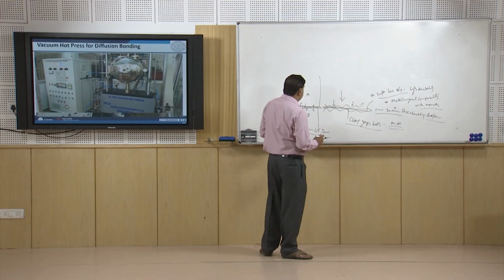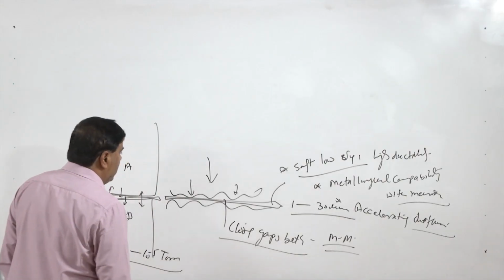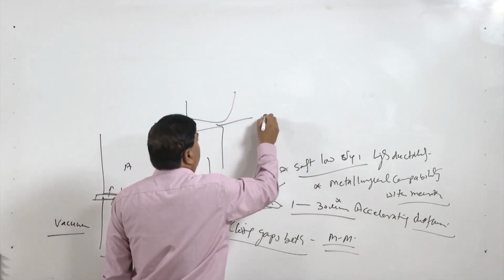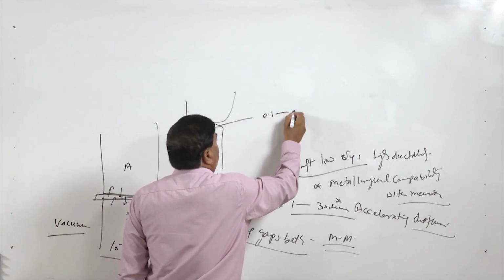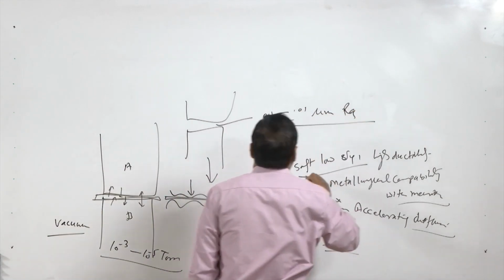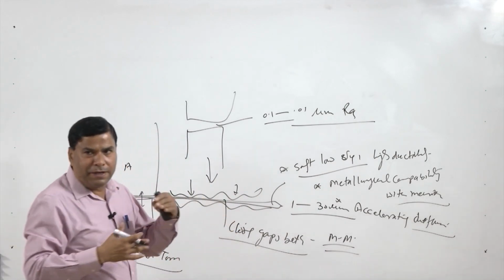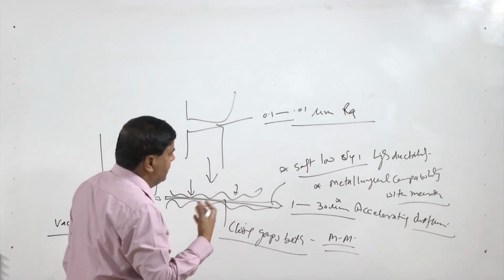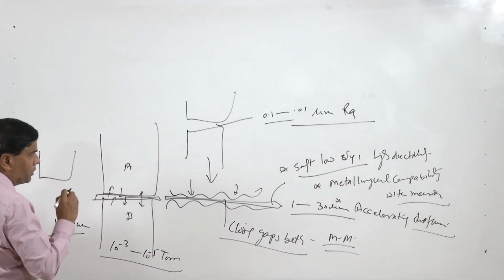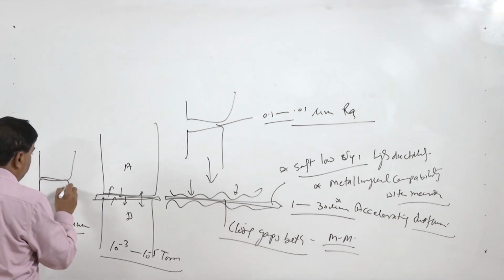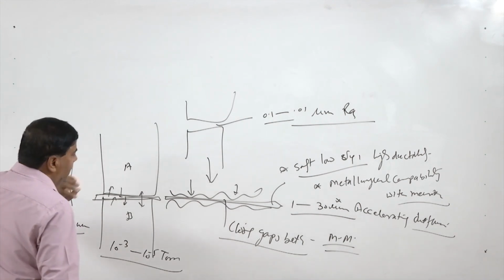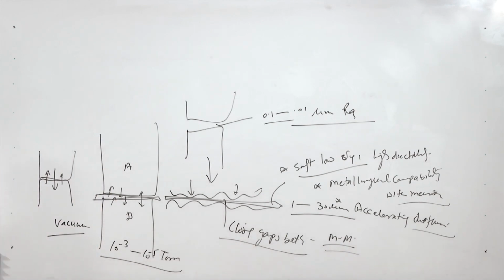When this vacuum is used, all the gases are taken off from the vacuum chamber, and so the metal surfaces which were prepared, preparation is important, normally 0.1 to maybe 0.01 micrometer roughness, must be cleaned from all the impurities and traces which may be there at the surface, so that when the smooth clean surfaces are brought in contact in vacuum, the direct metal to metal contact exists at high temperature, and under pressure across the interface diffusion takes place and the bond is developed.